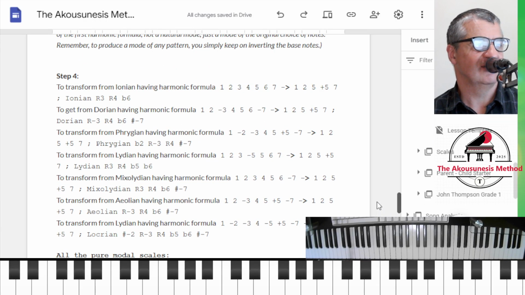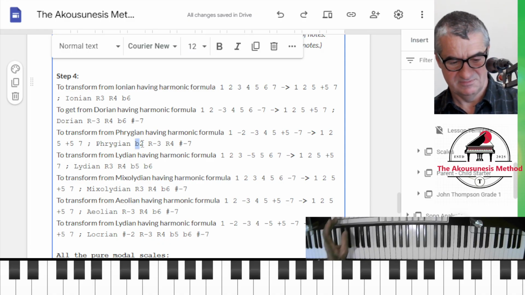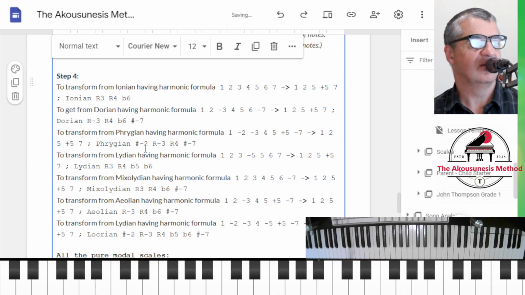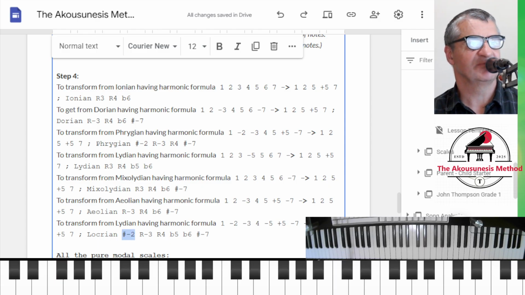We take our Phrygian, and to get to a 2 from a minus 2, we've got to sharpen the minus 2. So we'll check these. 2 to a 2 is fine. Minus 2 into a 2, right here on the Lydian again. I got that correct there. Sharpen the minus 2.